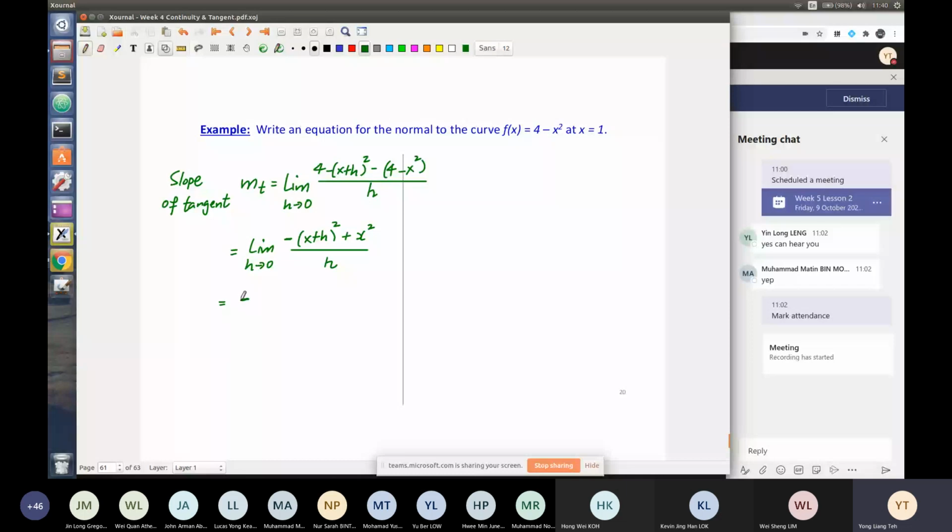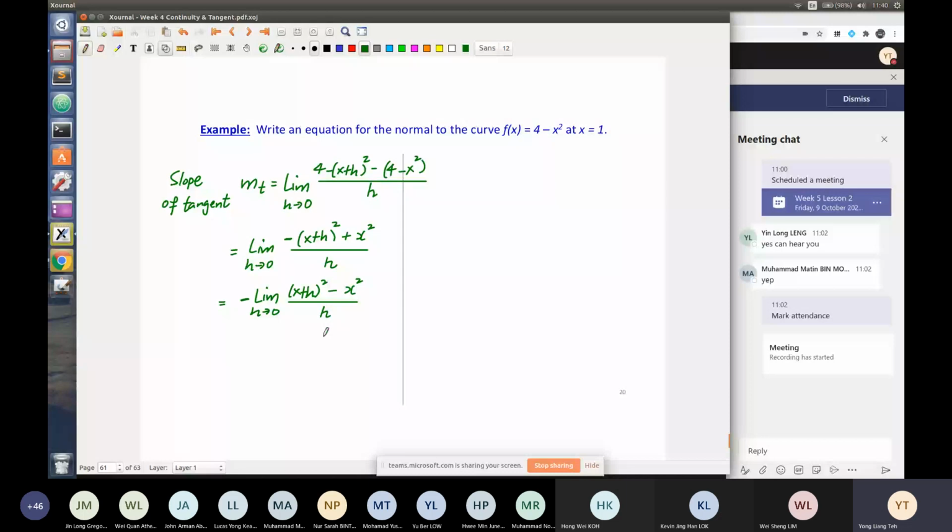Then this will nicely become (x plus h) squared minus x squared, over h, with a minus outside. So 4 minus 4 just removed, deleted away.